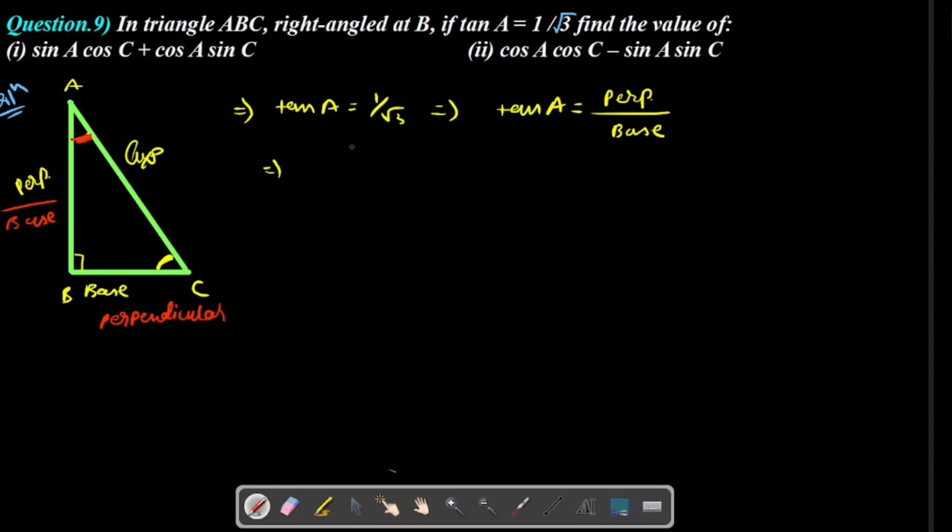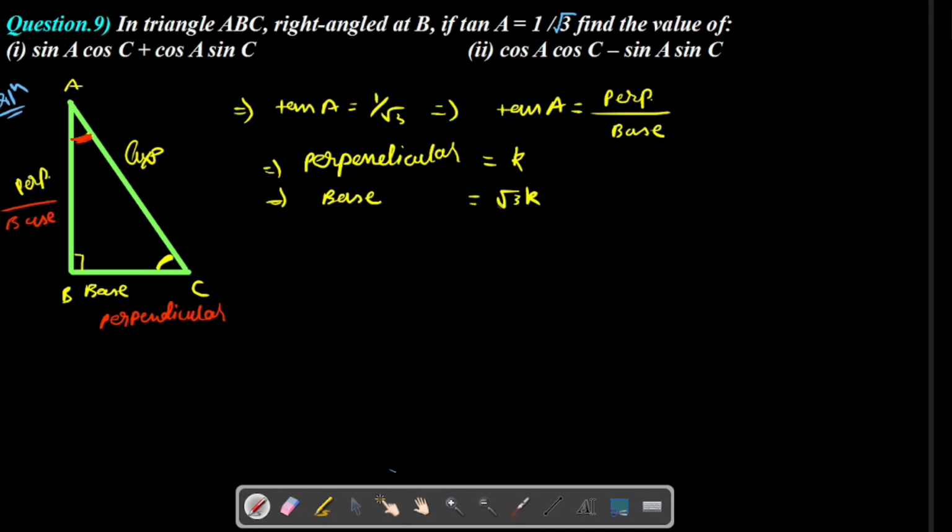Let's move on to our question. Here the perpendicular is a multiple of 1, so we just write let perpendicular be K. Now from these two equations the base is a multiple of root 3, so we write it as root 3K.